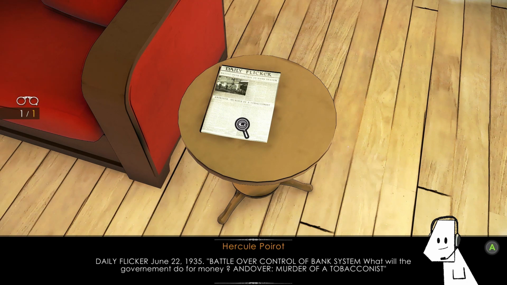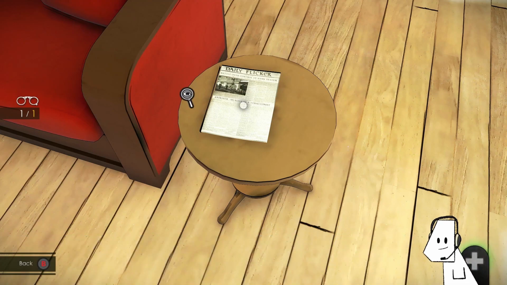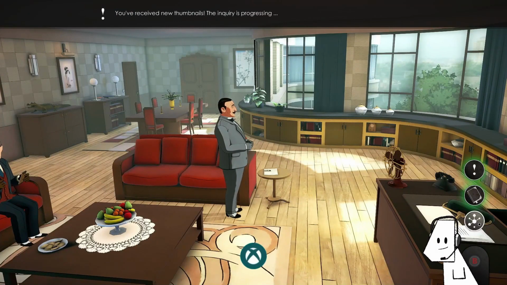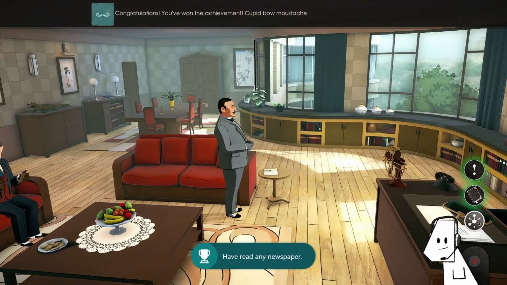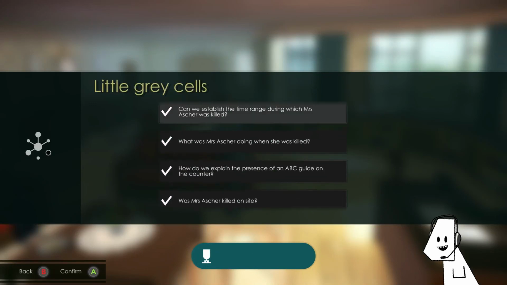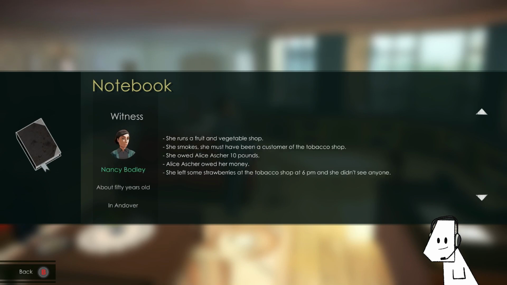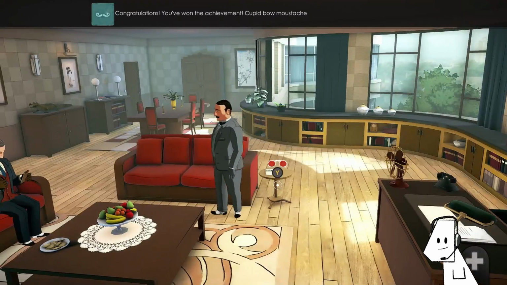Andover, murder of a tobacconist. Oh, we made the front pages. Do we have anything? Have a read of any newspaper. We've got frickin' achievements everywhere. Absolutely loving it. So we've done all of the little grey cells. We've got information on all these people, and we just have to go read the letter, basically.